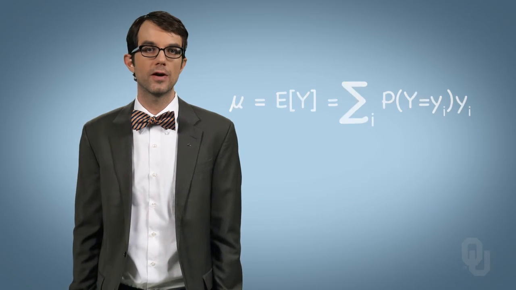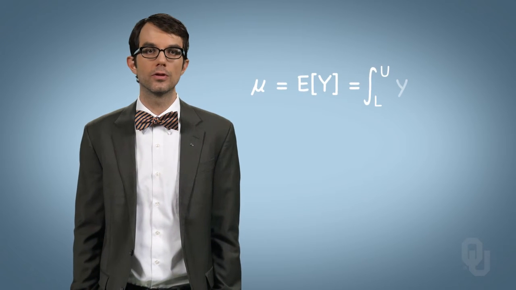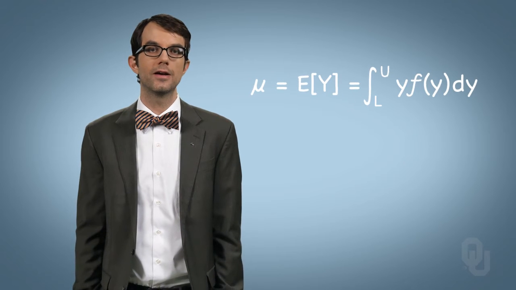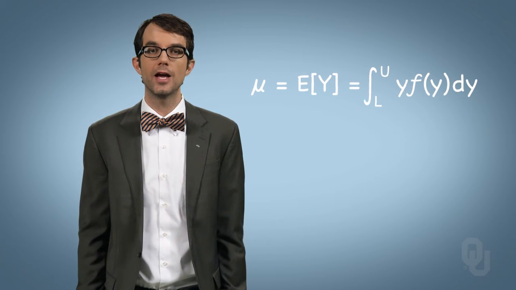As continuous random variables are measured on a continuous number line, we don't use summations, we use integrals. That is, the expected value of y is the integral of y times f of y evaluated between the lower bound and the upper bound of the distribution. Recall that the variance is the expected value of y squared minus the expected value of y quantity squared. To find the expected value of y squared, we integrate y squared times f of y and evaluate between the bounds.